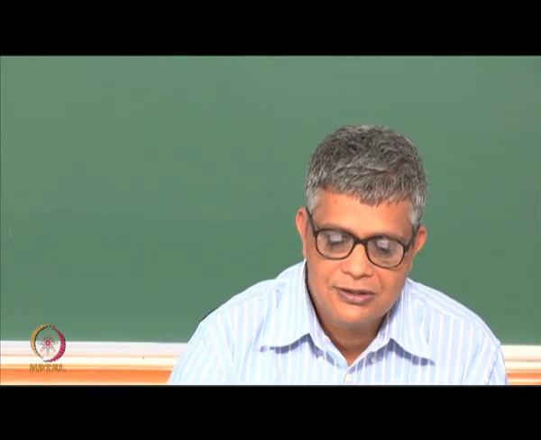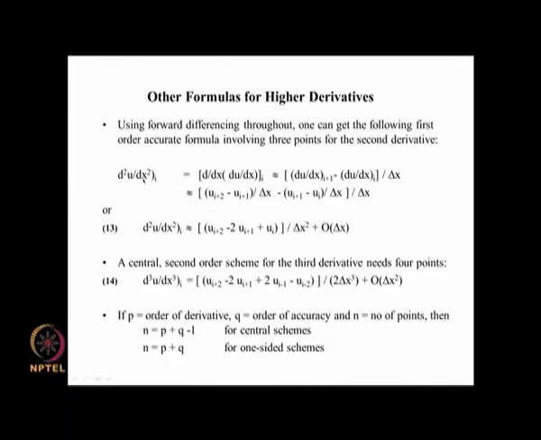So, we are going back to the same old ∂²u/∂x² at i, and it is being written as d/dx of du/dx at i, and that is written now using forward differences. That is du/dx at i+1 minus du/dx at i divided by Δx. This is a forward difference approximation of d/dx of du/dx at i.